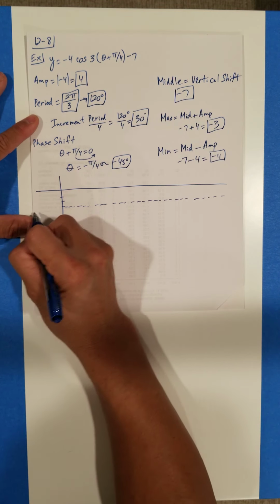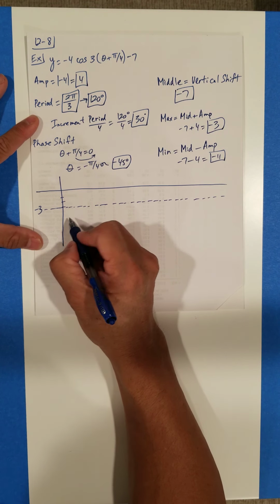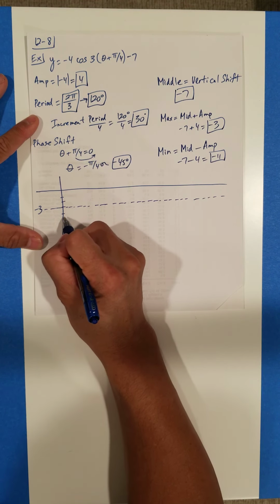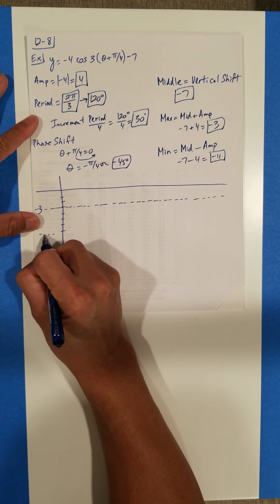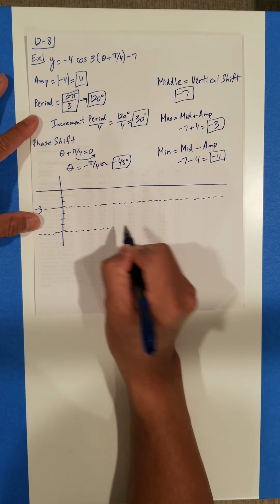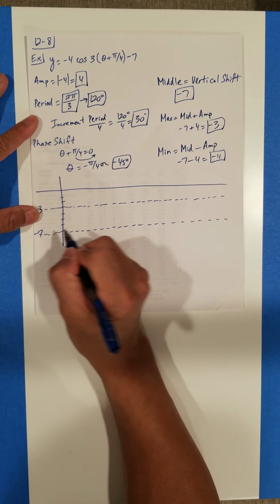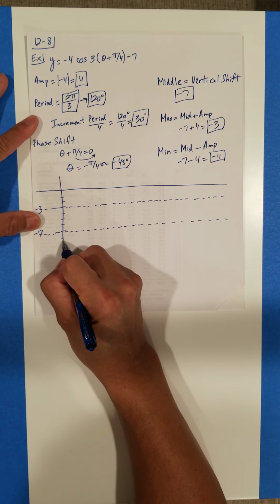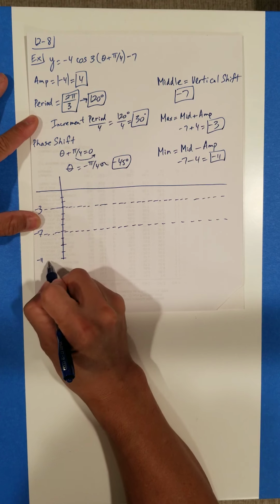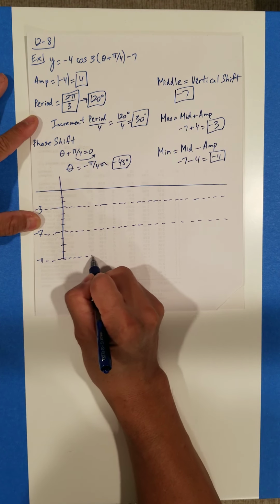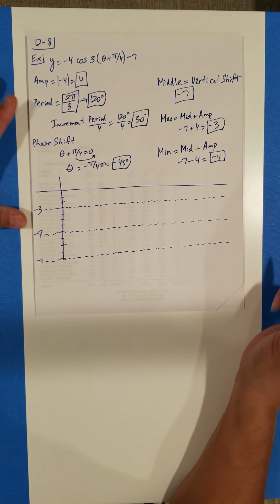That's -3. My middle is -4, -5, -6, -7. -7 is my middle. -8, -9, -10, and -11. -11 is my minimum. There you go.